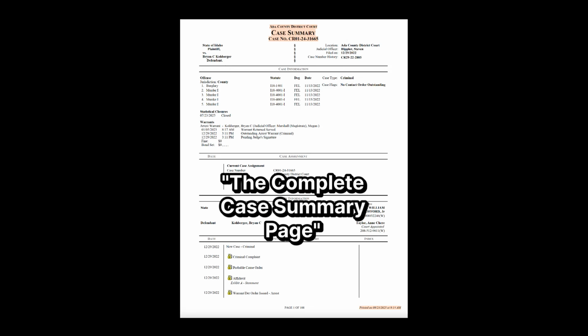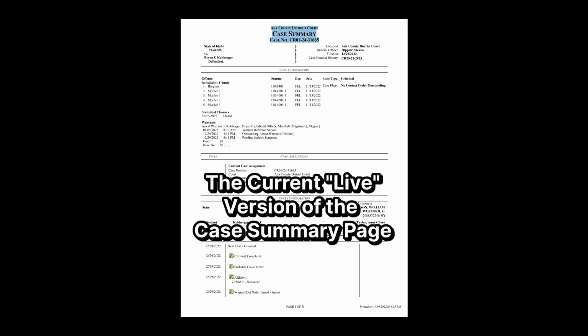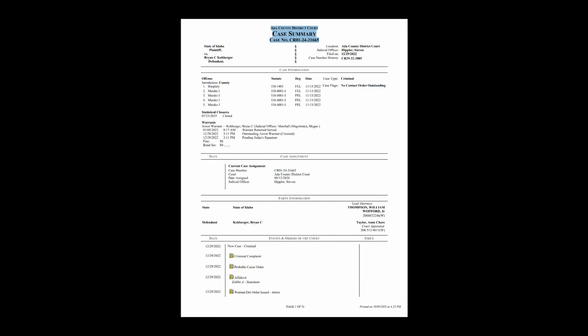Now, the one that has been issued and that is live currently has basically the same information here. You got the case number, you got the names of the attorneys, the offenses, and then if you go down to the events and orders of the court, they're identical on both pages.